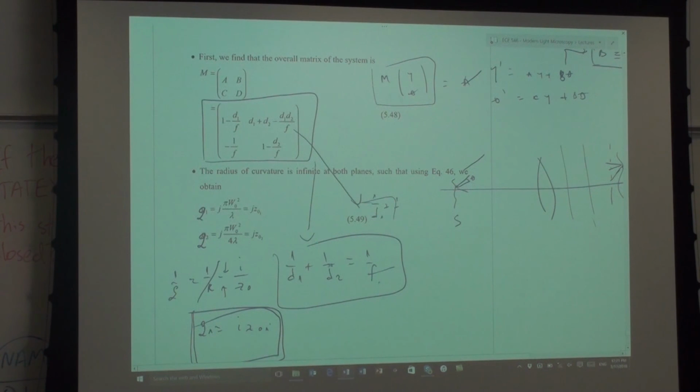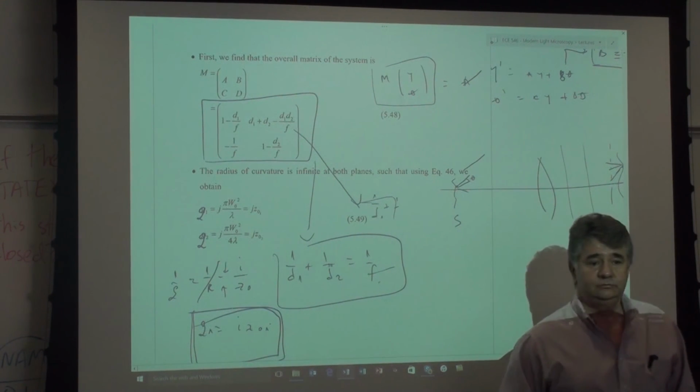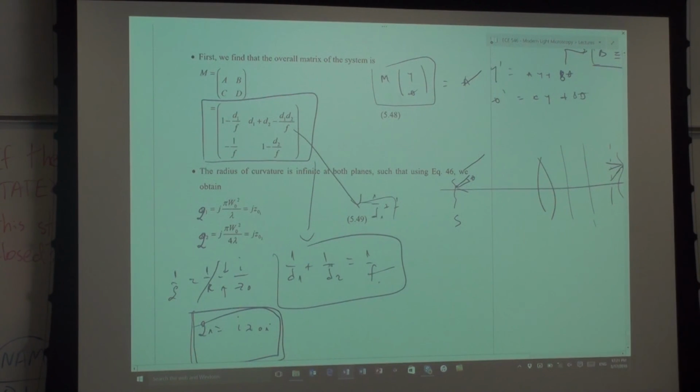So that's pretty much all I was planning for Gaussian beams. To review everything, we can write matrices for free space, for lenses, for refraction at an interface, and in combination you can pretty much solve any problem you can think of, right? Passing Gaussian beams through any components.